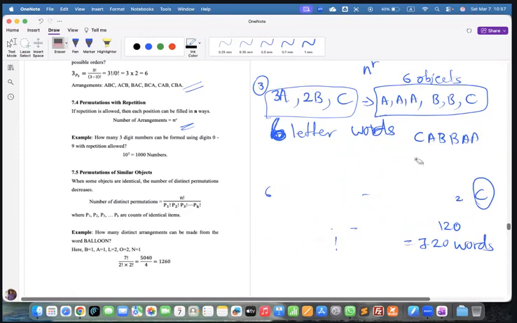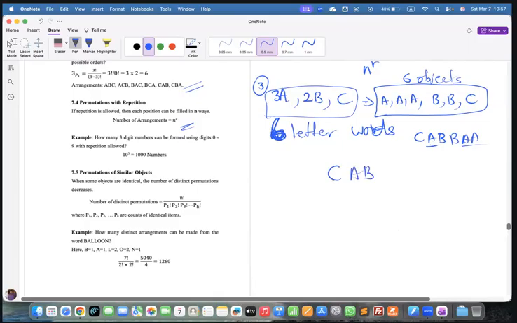Now we will come to our question. You have 6 letters, but a few letters are the same. The A happened 3 times. We cannot say this is first A, second A, or third A. Let's say, from these 6 letters, I can make a 3-letter word, CAB.